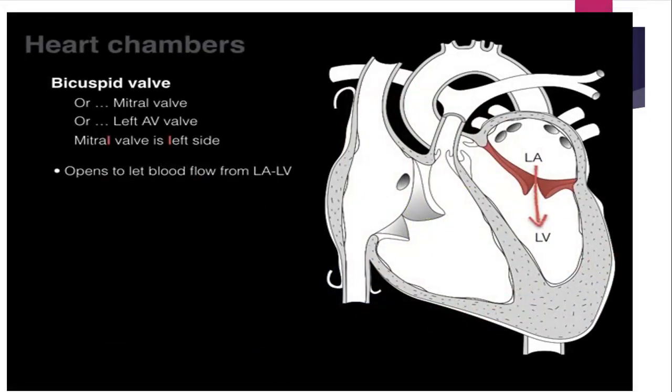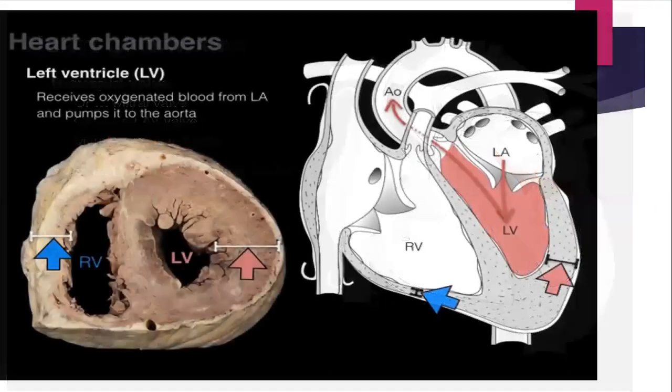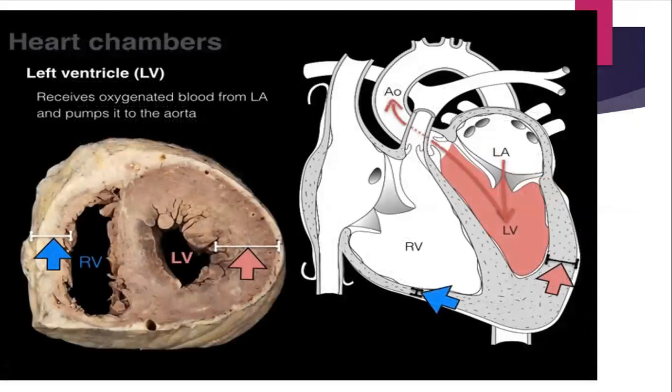The mitral valve is a bicuspid valve, left-sided, between the left atrium and the left ventricle. It opens for blood to flow from the left atrium to the left ventricle, and it looks like that. It receives oxygenated blood from the left atrium into the left ventricle.